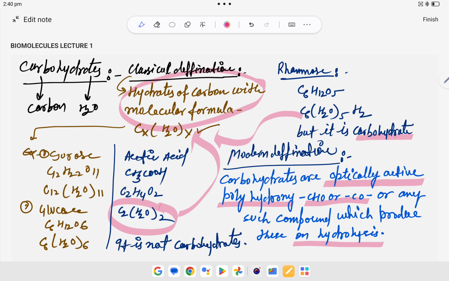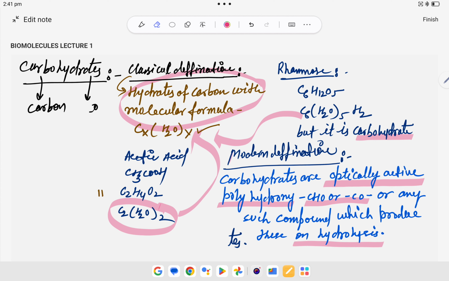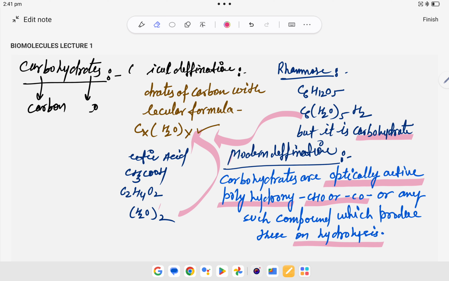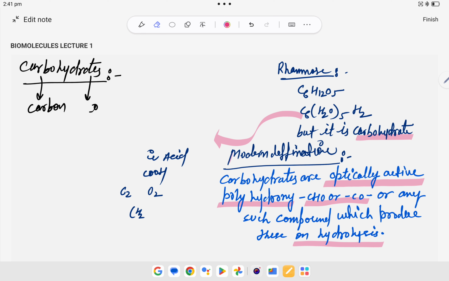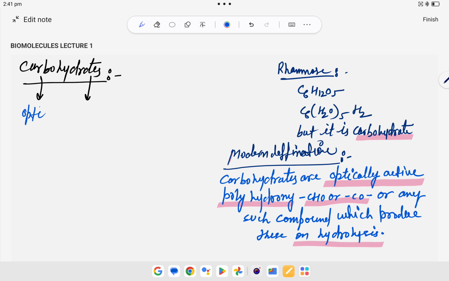Let's talk about the definition. First, optically active, one thing we will discuss. What is the meaning of optically active?